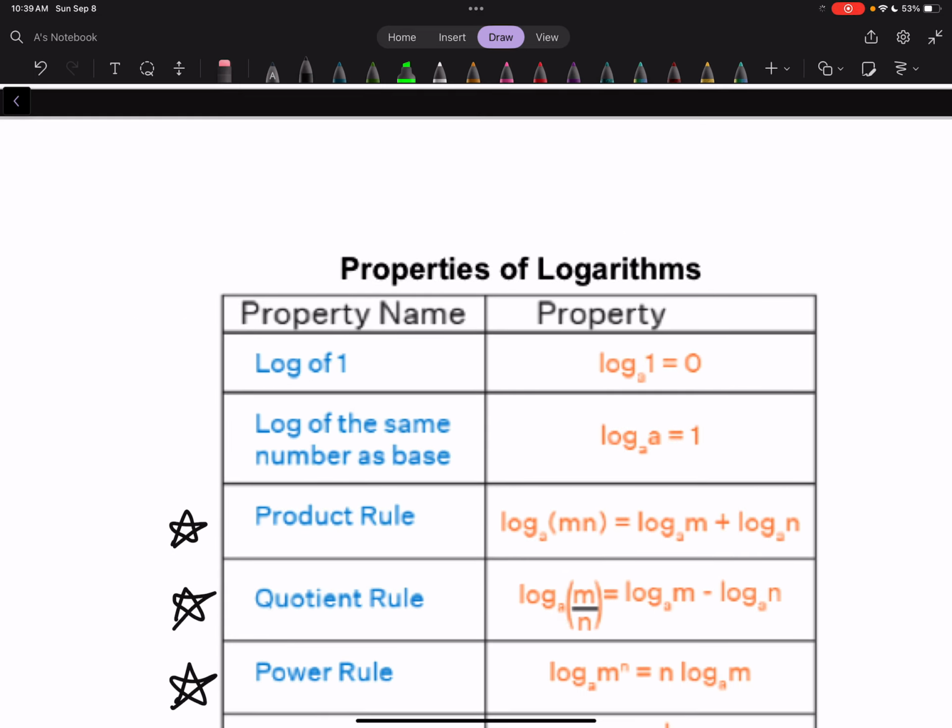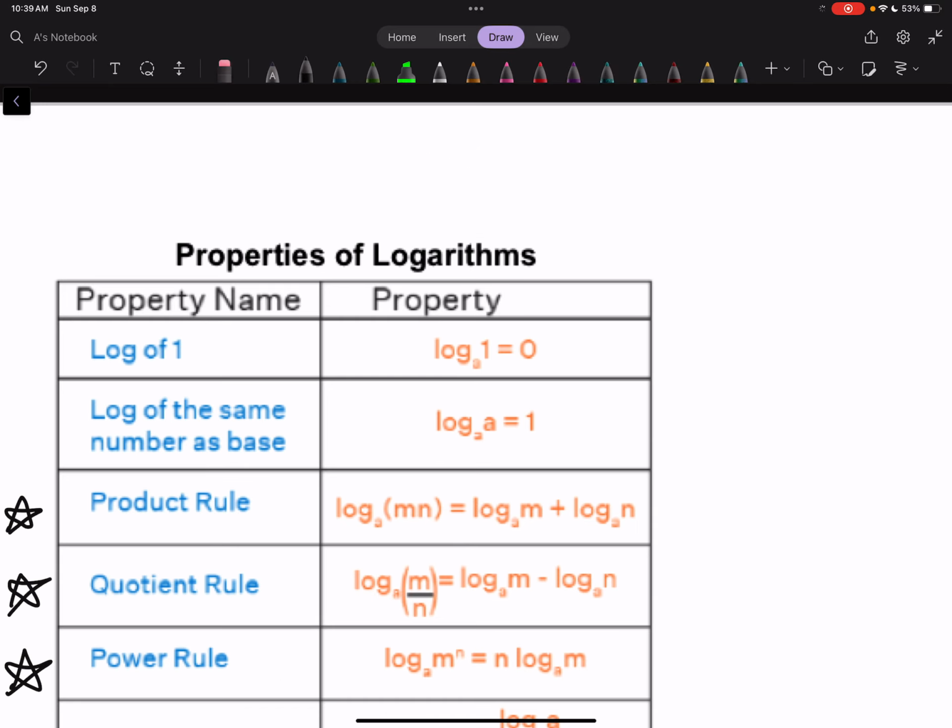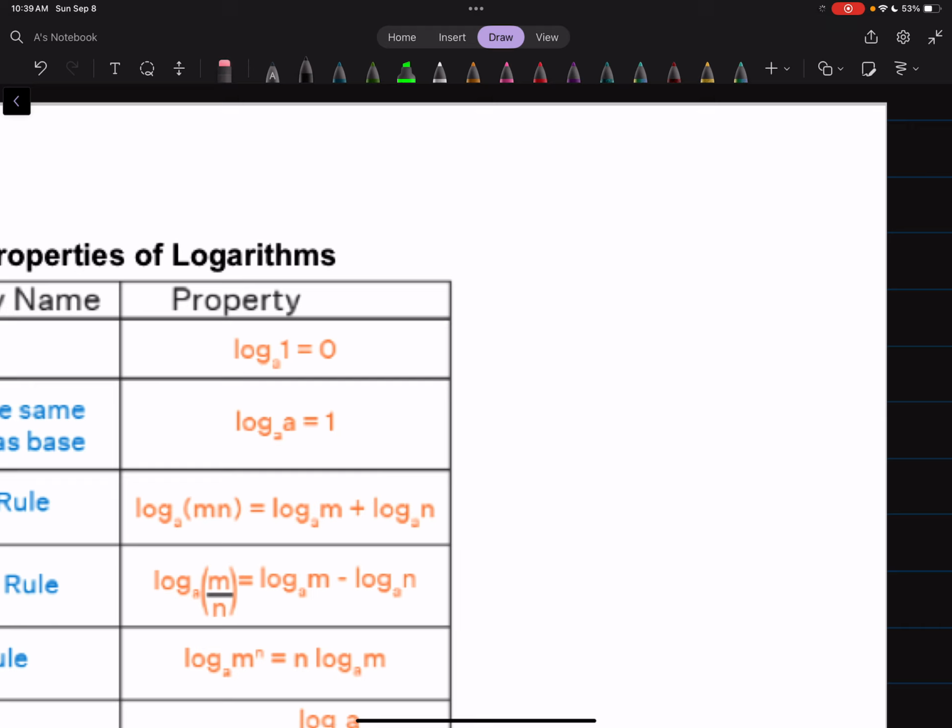Log of 1. This says log base a of 1, so any number, of 1 is equal to 0. Let's look at this. If I have log base any number of 1, the answer is 0, and here's the reason. If I transform this into the exponential version, I take my base and put it under the other side.